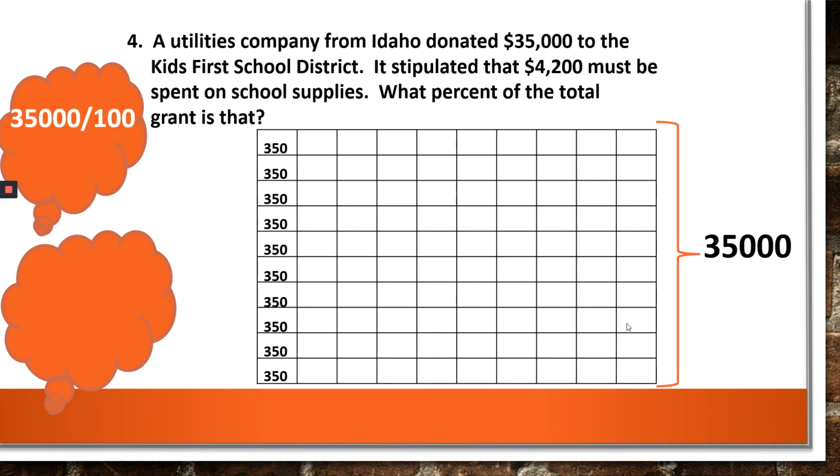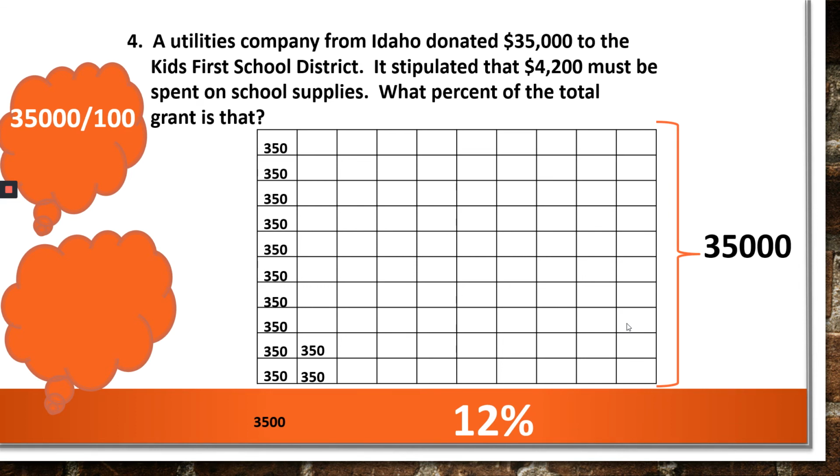Well, if I fill up one column, 350 times 10, that gives me 3,500, not quite there. And I started filling up more until, whoops, I filled up to 4,200. Now, I did it that way, and I filled up how many boxes? You're right, 12. So that's 12%.